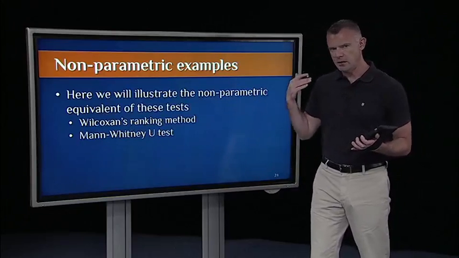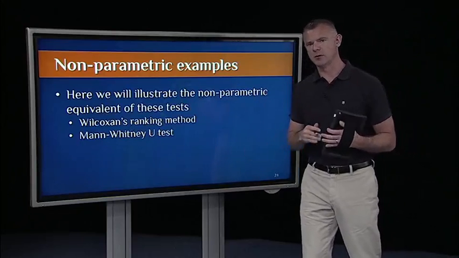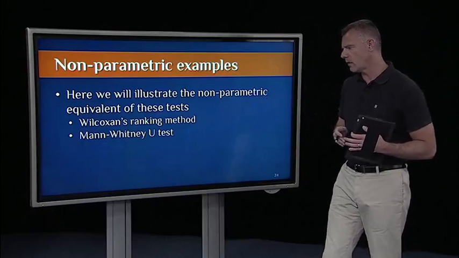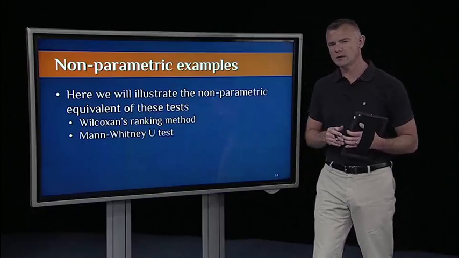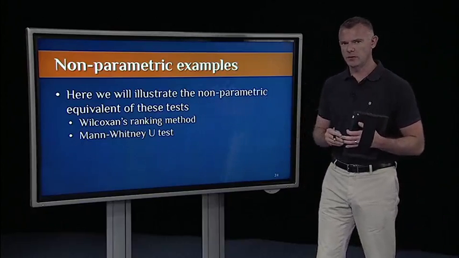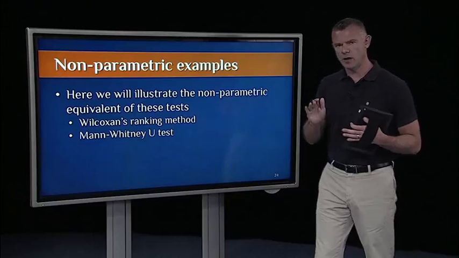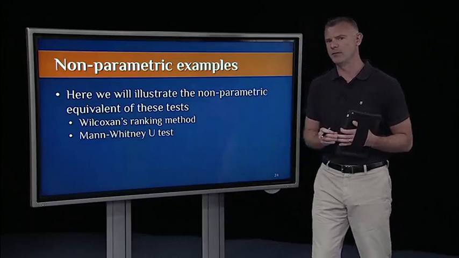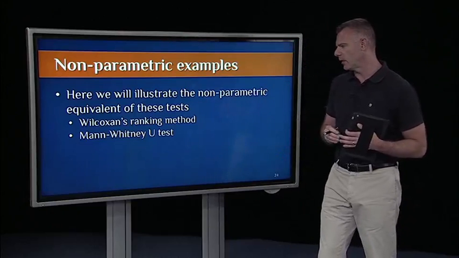So the corresponding non-parametric procedures for those are known as Wilcoxon's ranking method or Wilcoxon's signed rank test. It goes by a few different names. I prefer just Wilcoxon's ranking method because that's actually the title of his 1945 paper where he introduced this method.